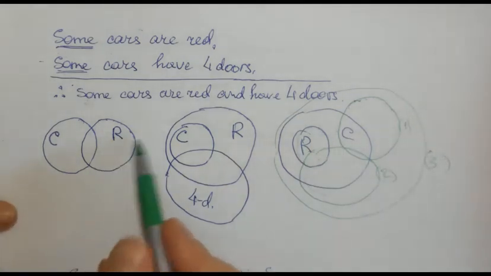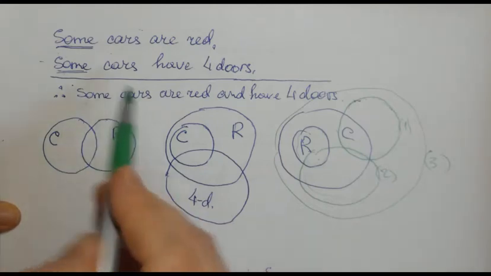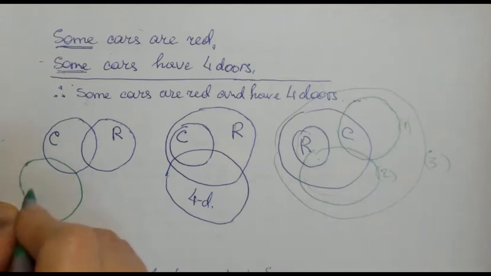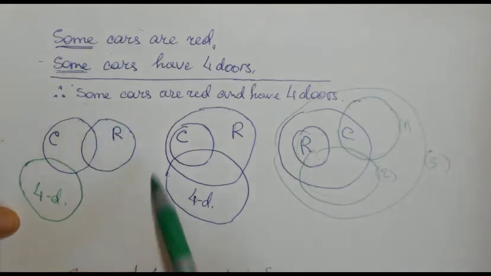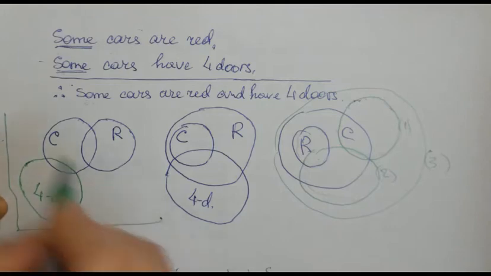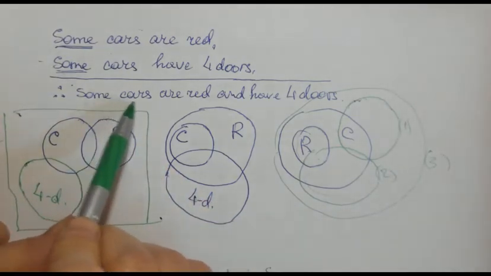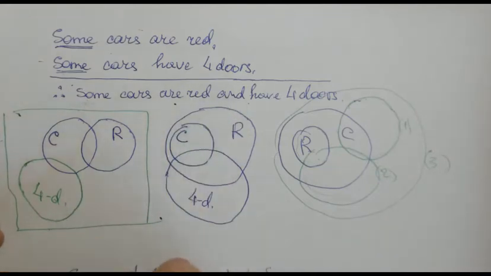We can draw the picture for 4 doors things also here. Some cars have 4 doors. Some cars are red. Both premises are satisfied on this picture. But some cars are red and have 4 doors is not satisfied.